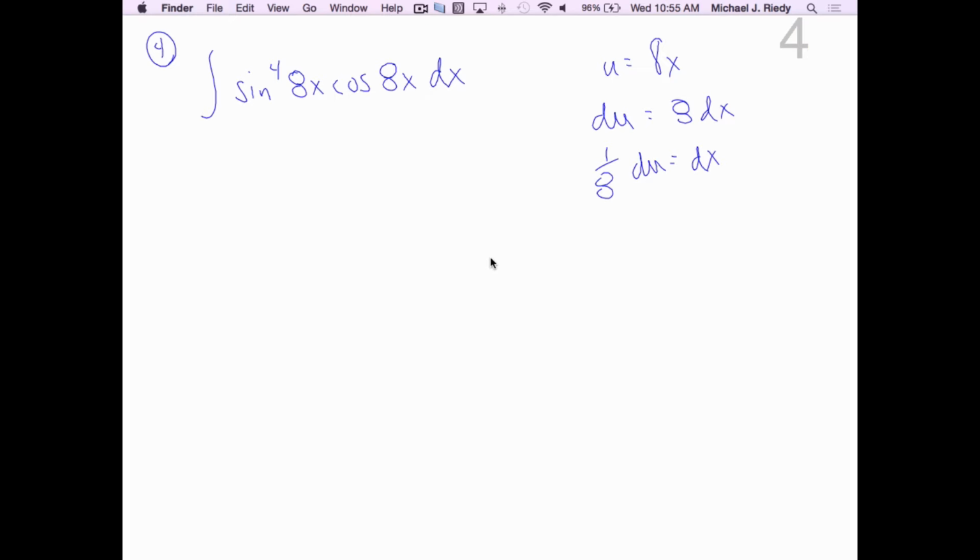That's a little simpler than the last one for sure. So doing a substitution, I get the integral of sine to the 4th u times the cosine of u times 1/8 du. It looks prettier. I don't have u's and x's. That's a good sign.